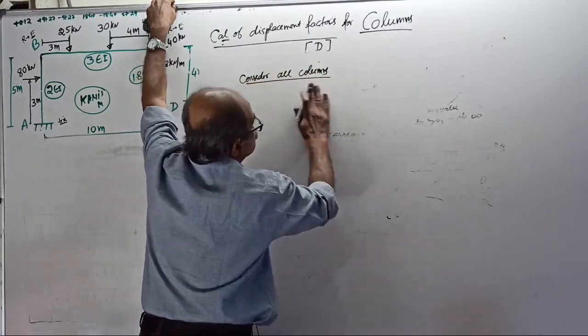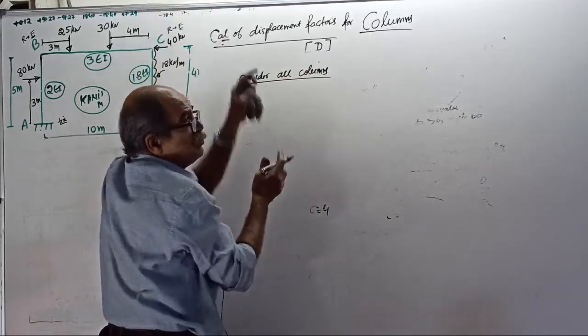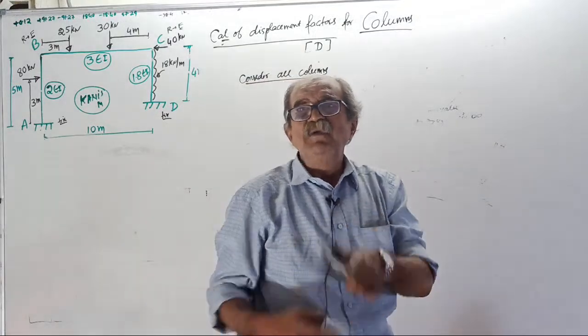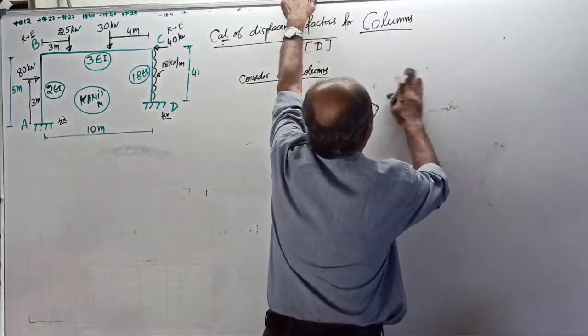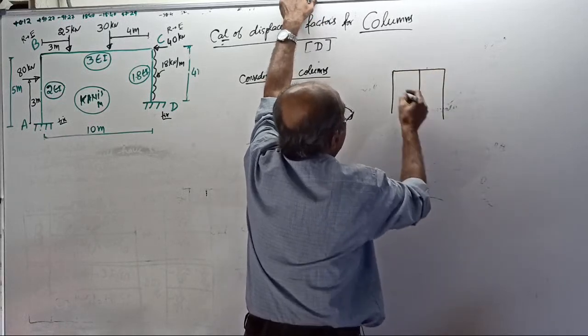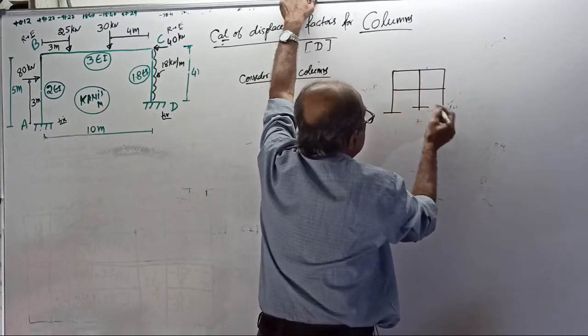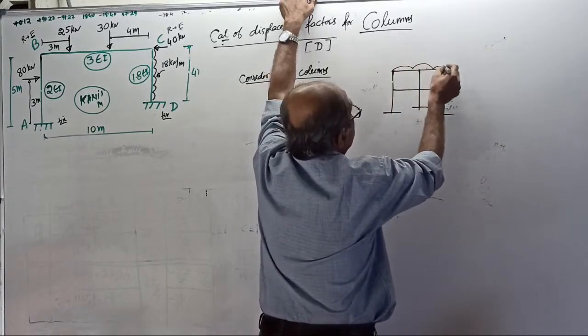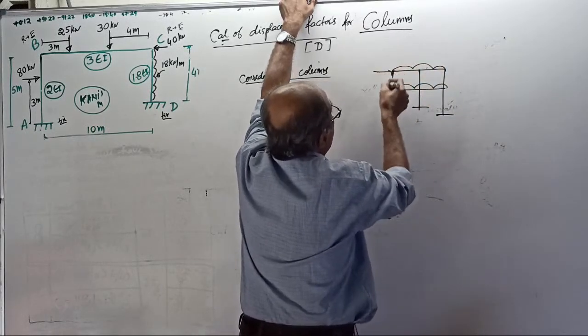See, I told you a little later, when I get free time, I will take for you a building of ground plus 1. That's all. Maybe this way. Where one is unequal, this is unequal, that is equal. With loading, a practical question. With wind load like that.